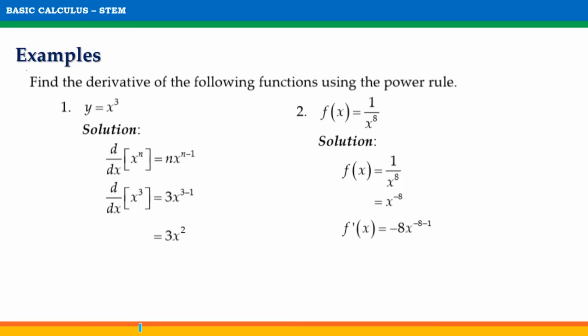So we will have f prime of x is equal to negative 8x raised to negative 8 minus 1. Simplifying negative 8 minus 1, we will have negative 8x raised to negative 9. If we want to make negative 9 a positive exponent, then we need to get the reciprocal of x raised to negative 9, which is equal to negative 8 over x raised to 9.